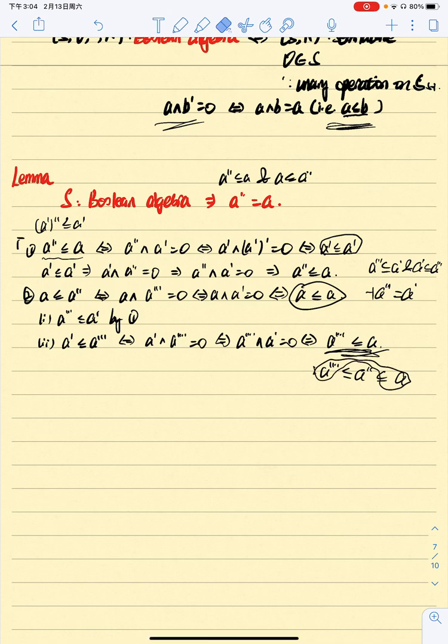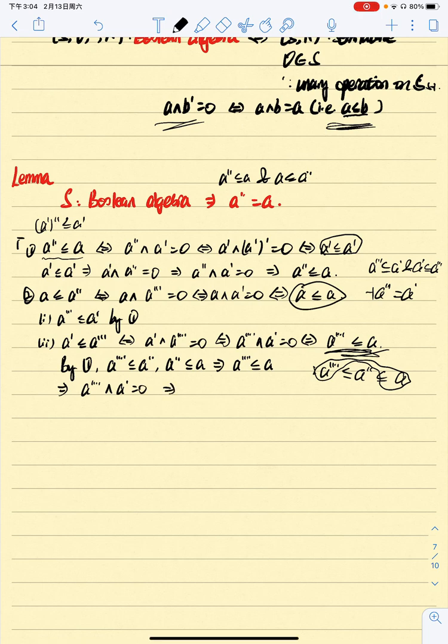Let's write this carefully. By 1, we get A quadruple prime smaller than A double prime and A double prime smaller than A. So we get A quadruple prime smaller than A. Then A quadruple prime and A prime is 0.